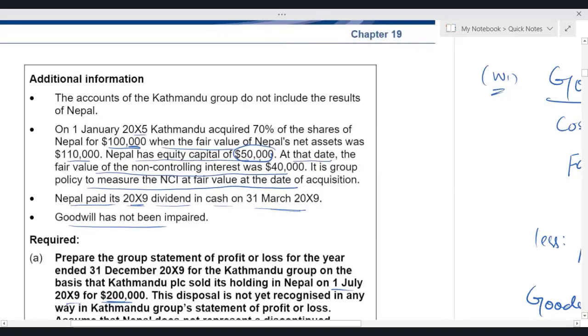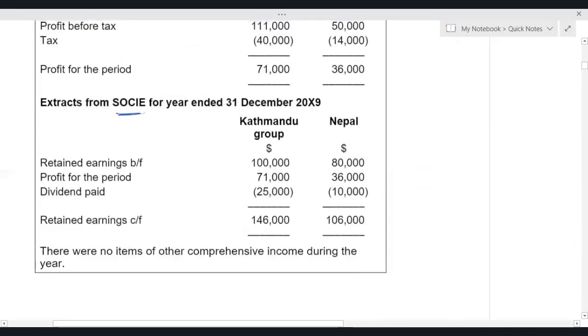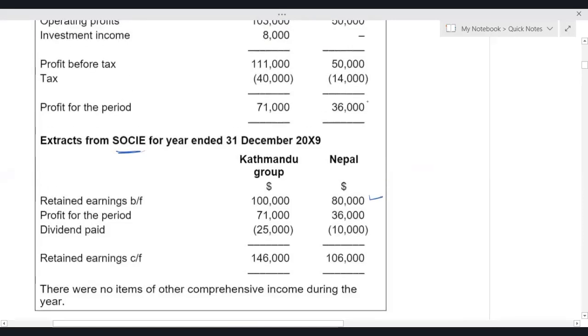Share capital is 50,000. They have given us more information. Come here. The examiner has given us the retained earnings brought forward, 80,000. Then profit for the year is 36.